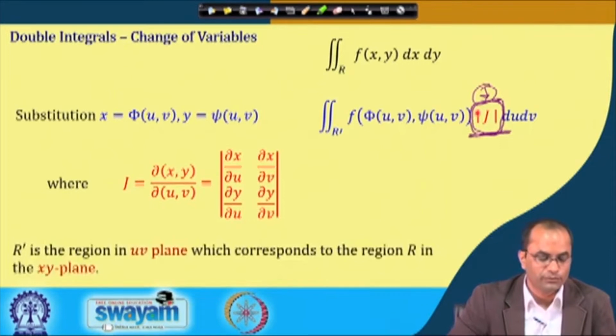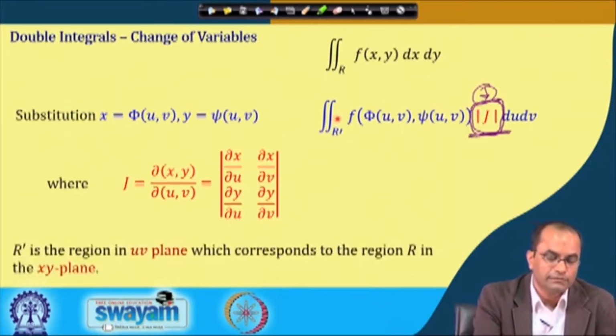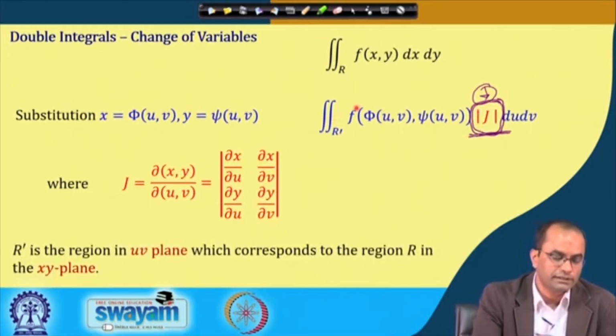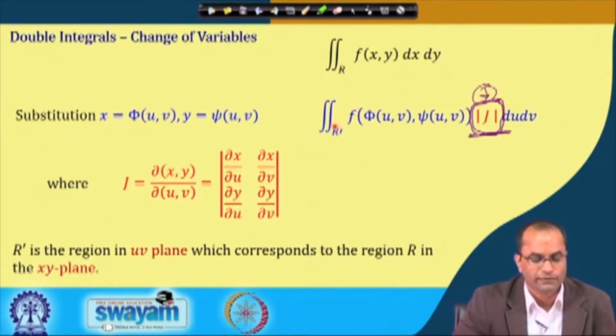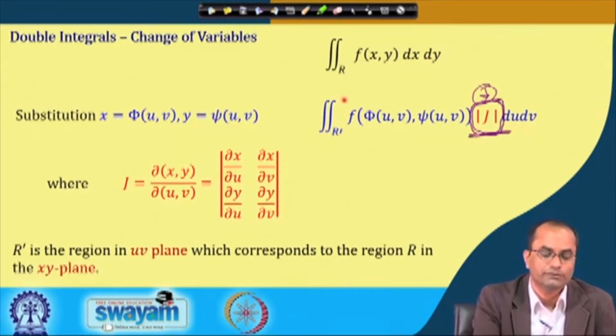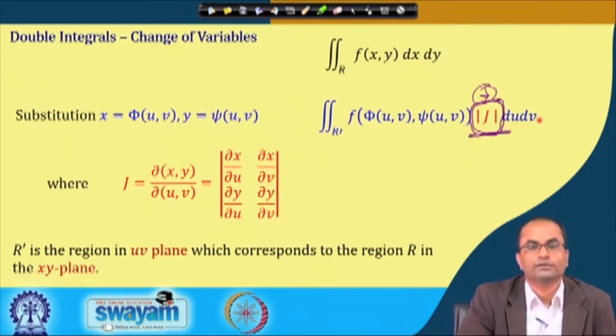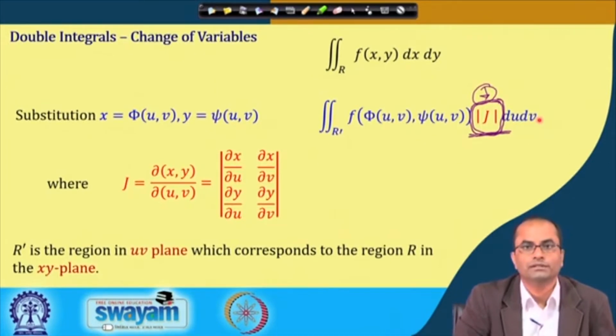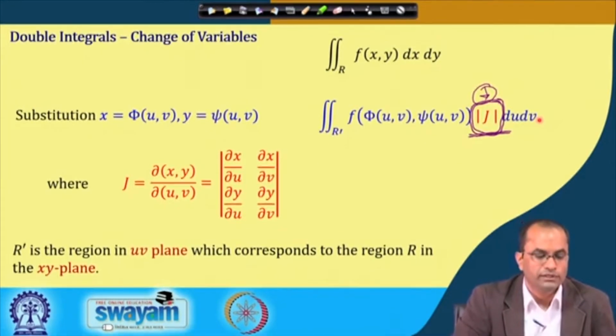That is the important point here. The limits of this r prime are nothing but the same region, but now we have to compute over u and v, so the limits will follow according to the new variables u and v.